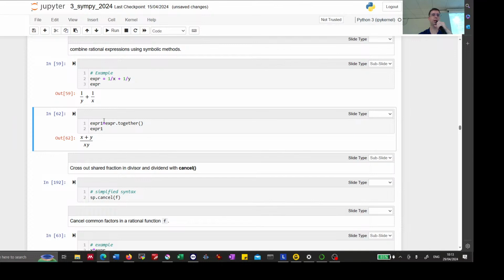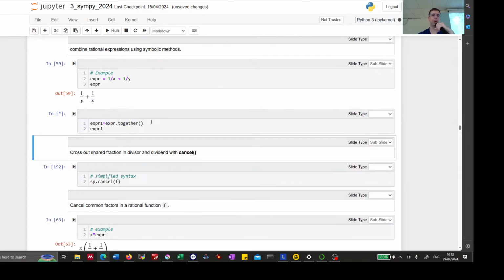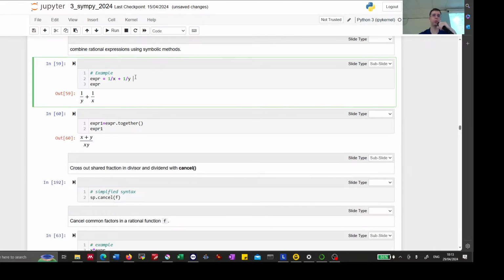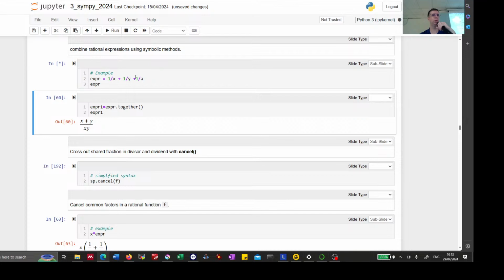How do we tell Python to do the same thing? Well, we take the expression and say, hey, do together. And then Python does exactly that. So far, so good. How about, does it work with 3? That's a good question. How do we do a common divisor of 3?